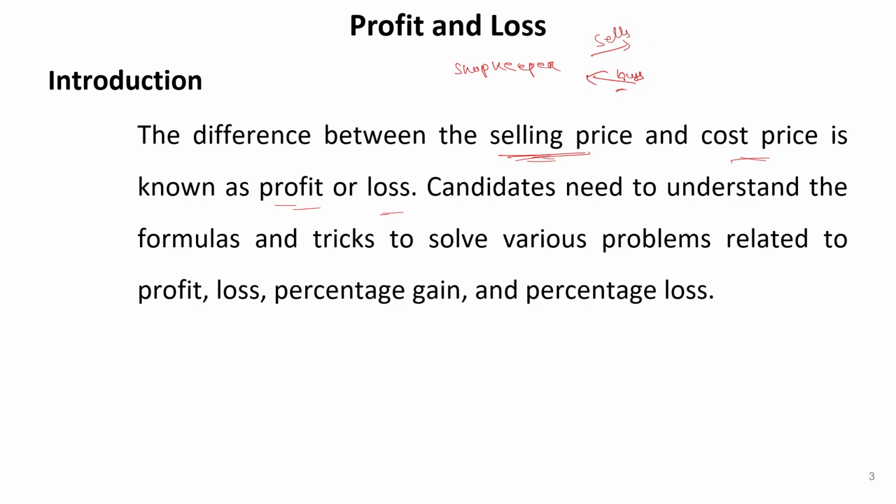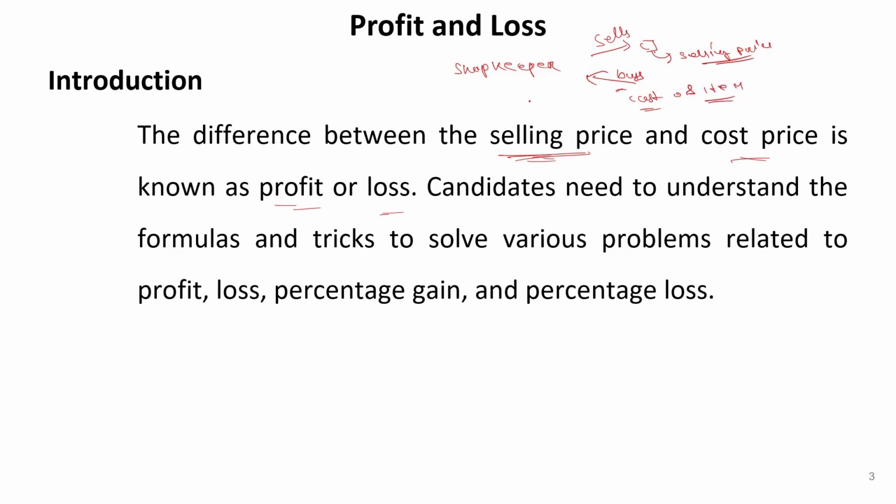Selling things go out and bought things come in. The price at which he sells something to the customer is the selling price, and the price at which he got it from someone else is his cost price. So this will be the cost of the item.